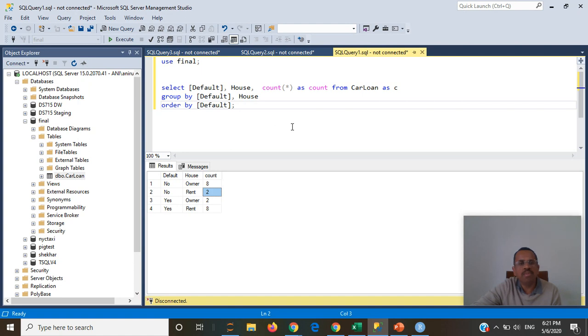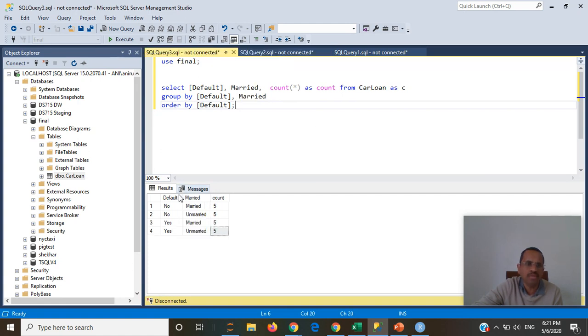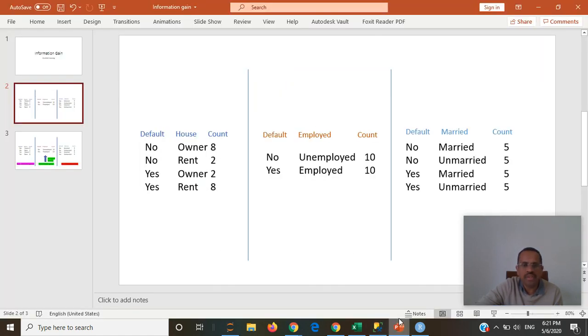These statements become helpful if our database is large, so that we cannot count manually. So once I get these numbers for each column from SQL, I go to this structure. So this is for house, this is for employment, and this is for marital status. I will go through these columns.